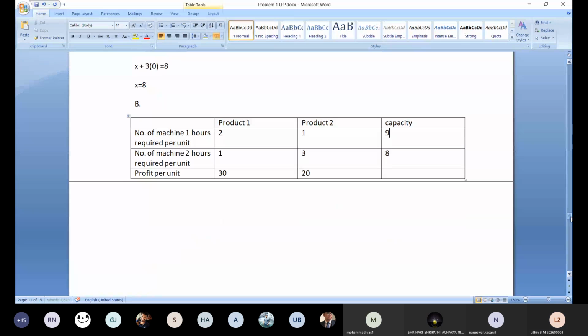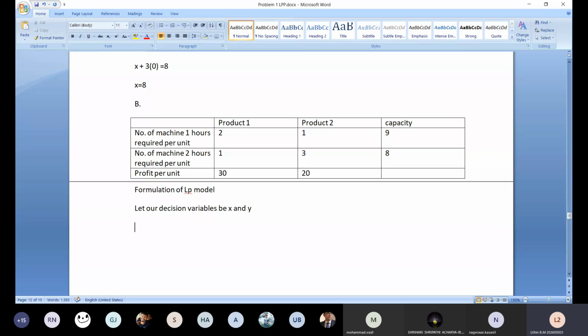So now, same formulation of LP model. Initially, maximize Z. You can write decision variables. Let our decision variables be x and y.